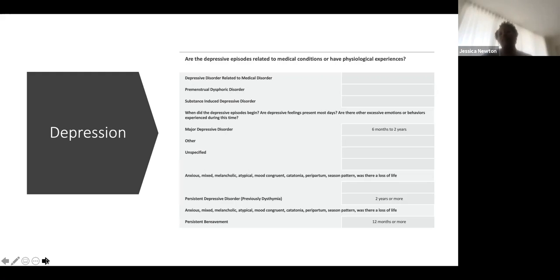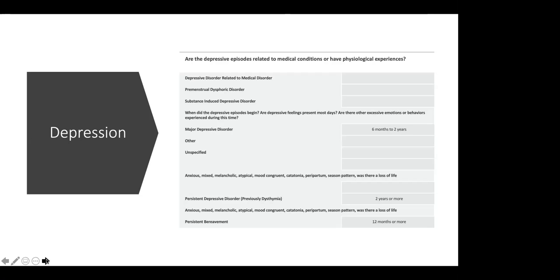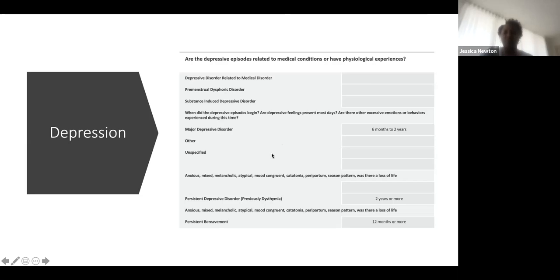Then we always have these others, but we have to defend a little bit more when we have an other or an unspecified. However, if we go with major depressive disorder, and then we support that diagnosis with the Beck Depression Inventory, then we have supporting documentation of what we have identified as a potential diagnosis.